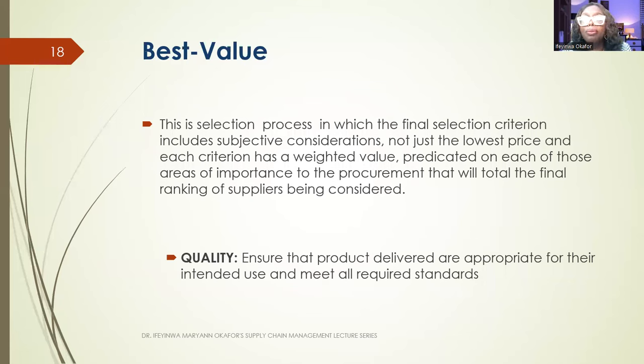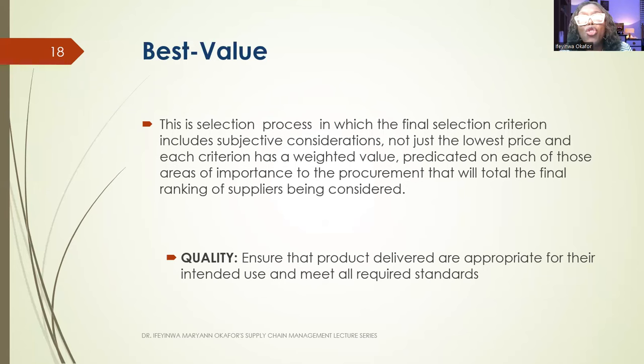Another thing that you need to consider before selecting a particular vendor is best value. You need to get the best value for your money. So what is best value? This is a selection process in which the final selection criterion includes subjective consideration, not just the lowest price. You are not just considering the lowest price of the product.